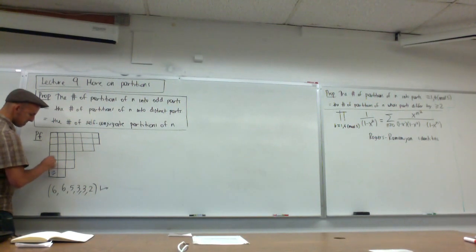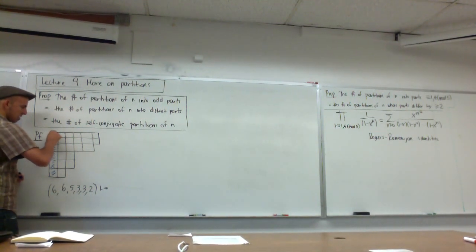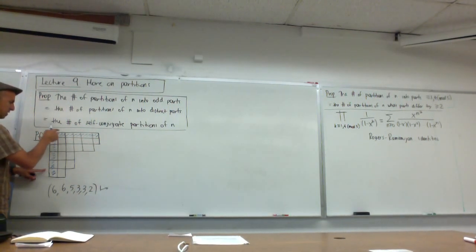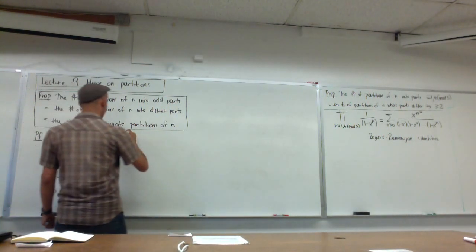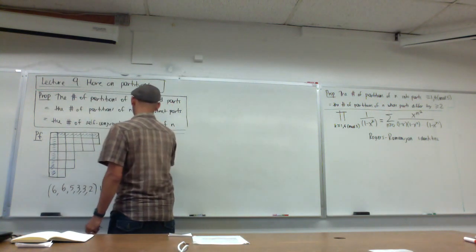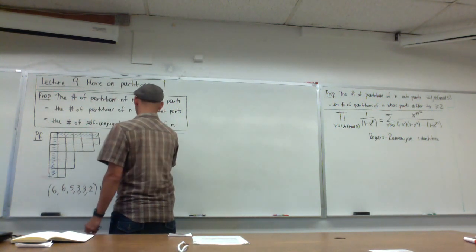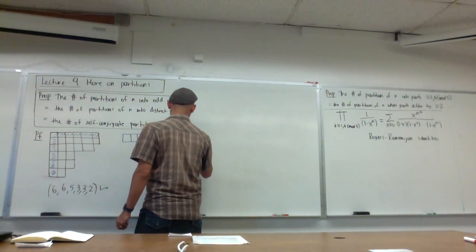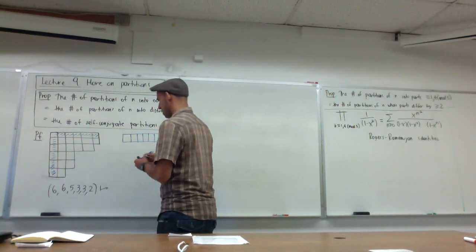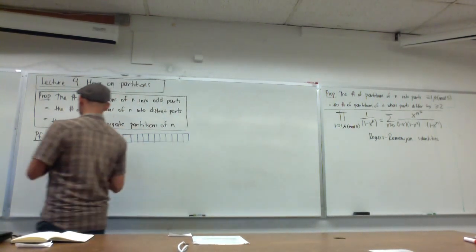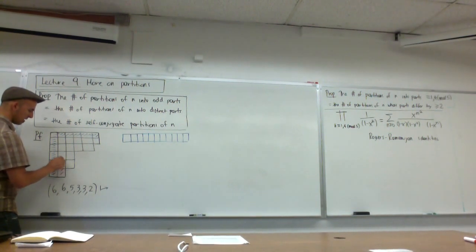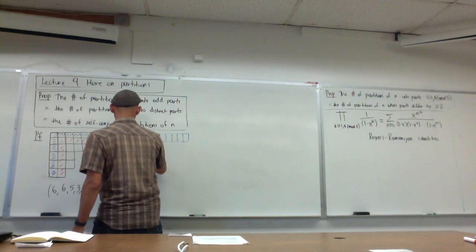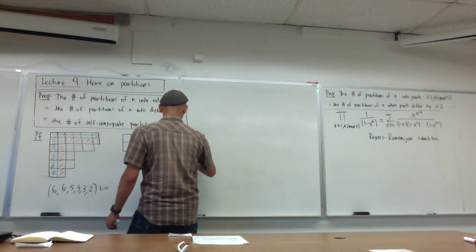Okay, so how many boxes do I have there? 1, 2, 3, 4, 5, 6, 7, 8, 9, 10, 11. Okay, so let's make a part of length 11. Then, how many are there here? 9, right? So we'll make a part equal to 9.